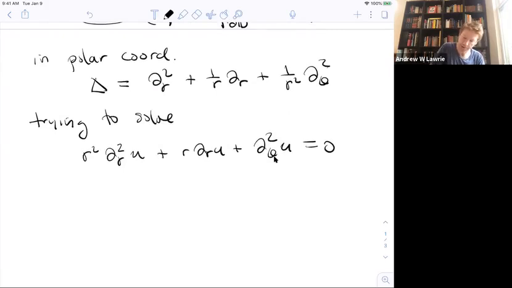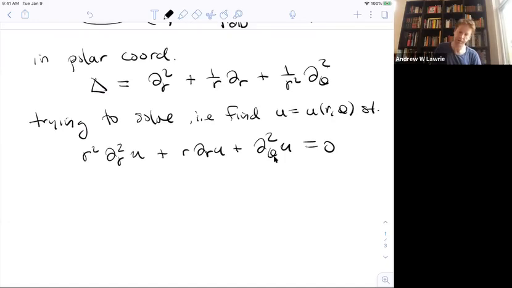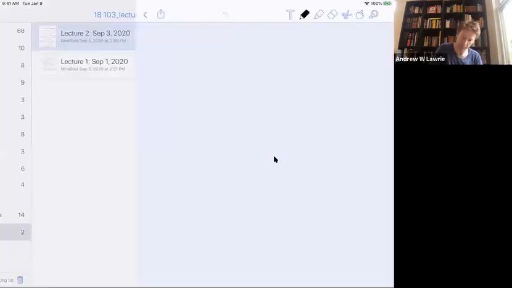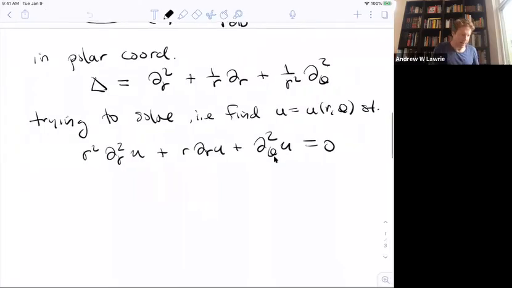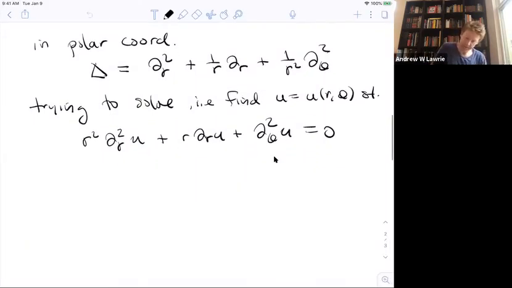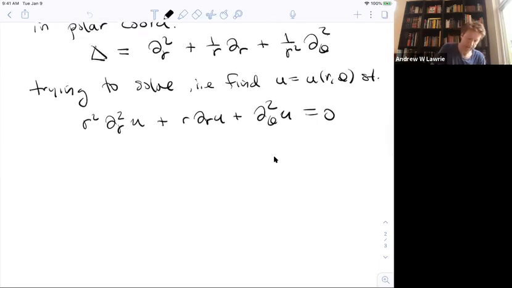And the trick we'll use to solve this is just like last time when trying to solve the wave equation: we're going to separate variables.